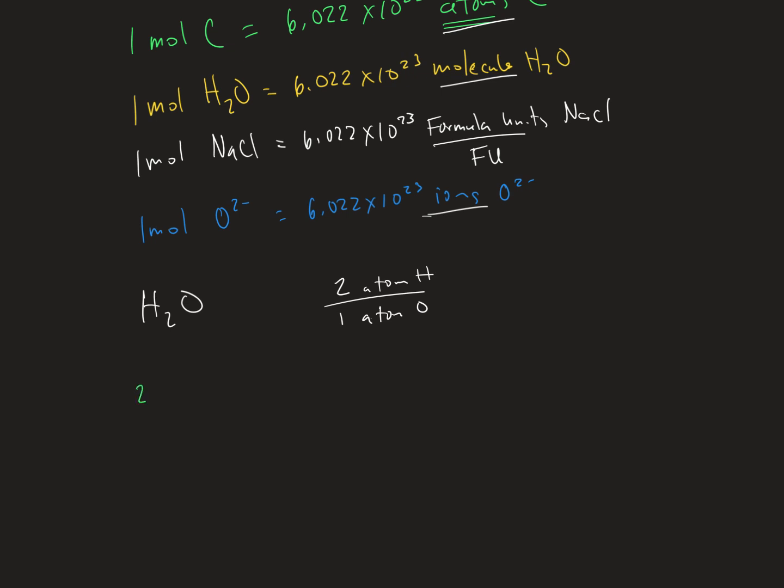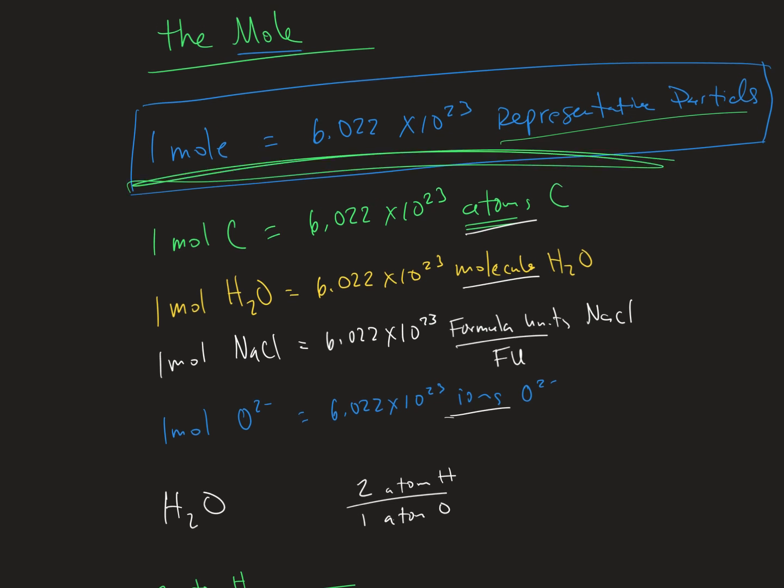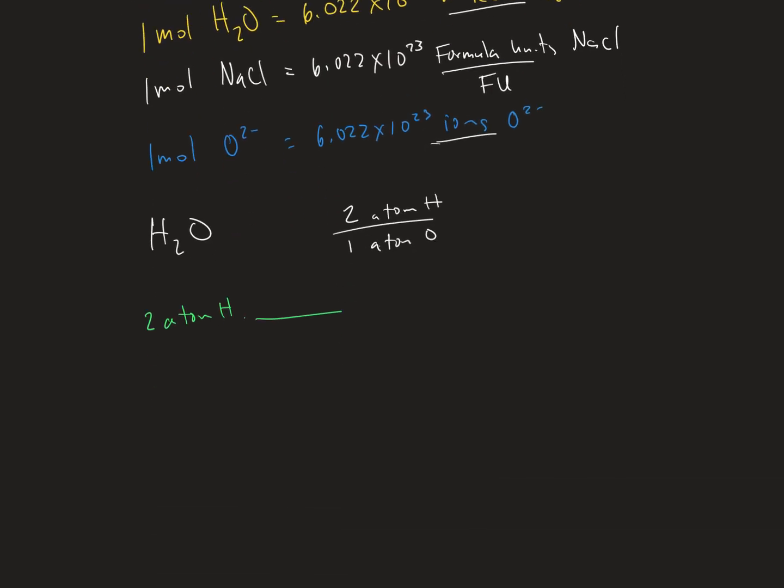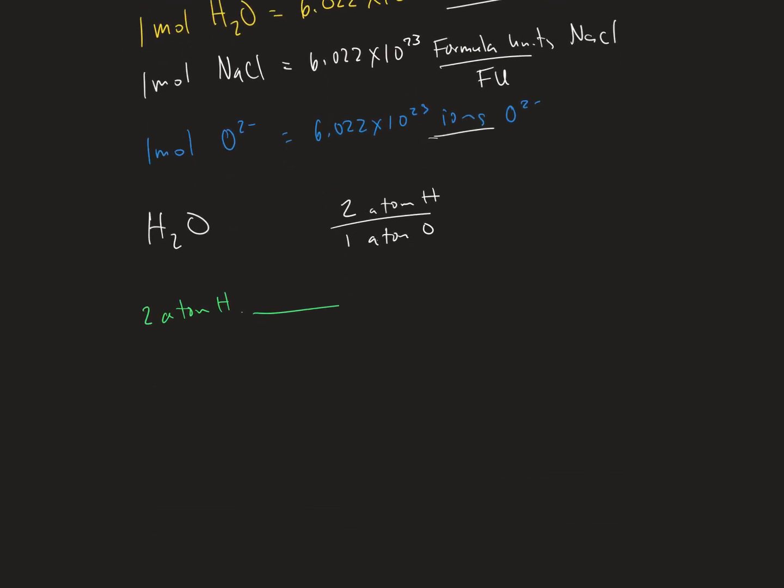And so let's convert atoms into moles. Here's the conversion factor right here. What goes on bottom? Hydrogen atoms, right? And what goes on top? We want to know how many moles, right?